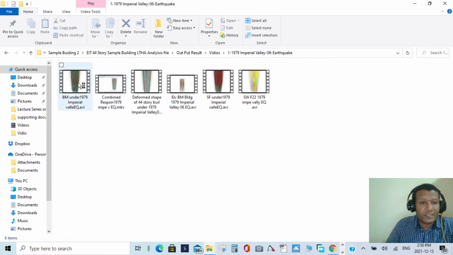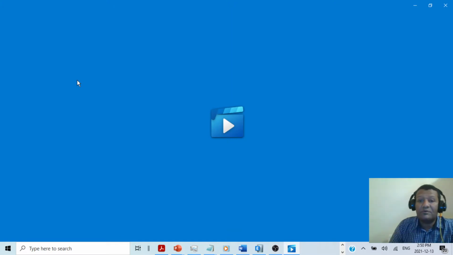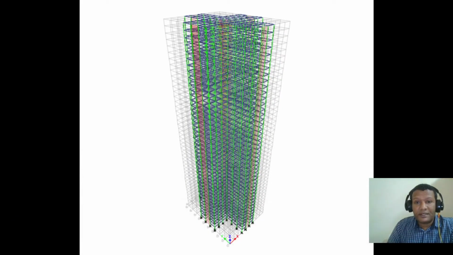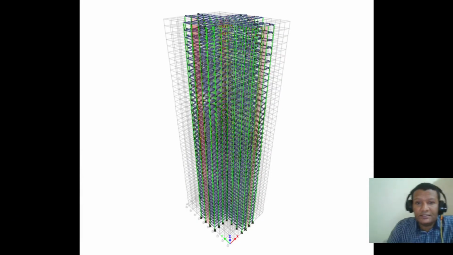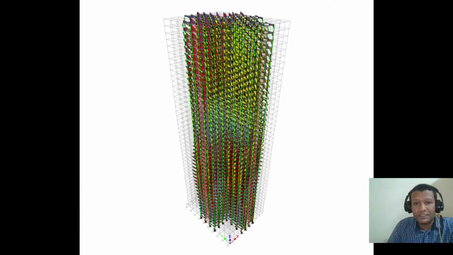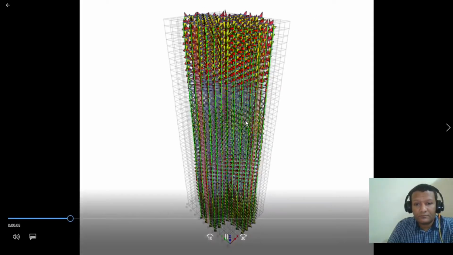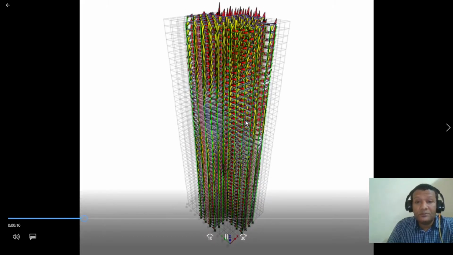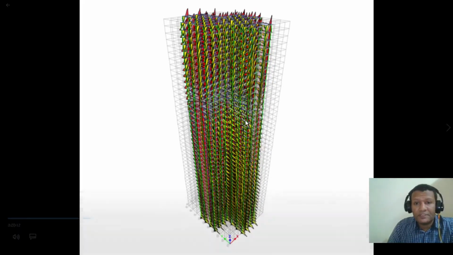Let me open, for example, the bending moment under the 1979 Imperial Valley earthquake. These are some of the results which were observed. Because this is time history analysis, as you can see, at each time step the bending moment is changing. That is the beauty of time.